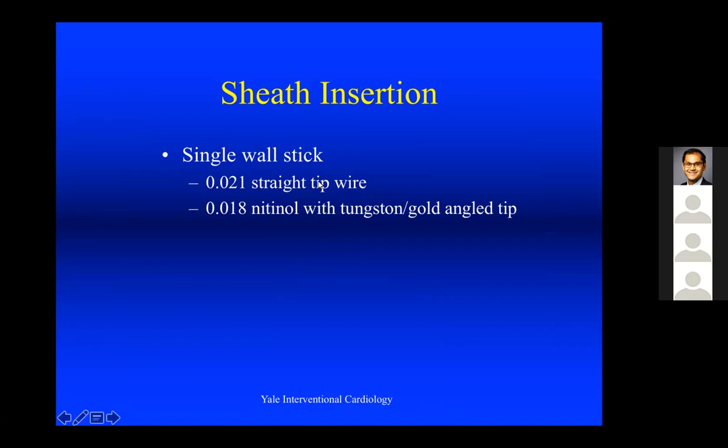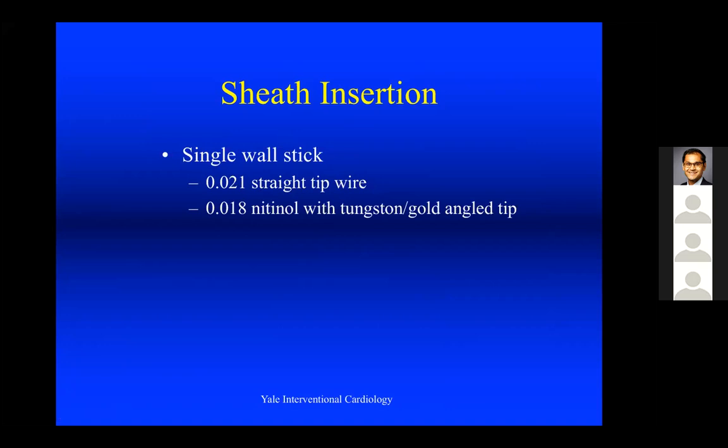And this wire is decent. You'll be able to use it in 80 or 90% of patients, but in some patients with a lot of curvature or tortuosity in the radial artery, this wire that comes in the kit is not that friendly and it won't negotiate those curves.